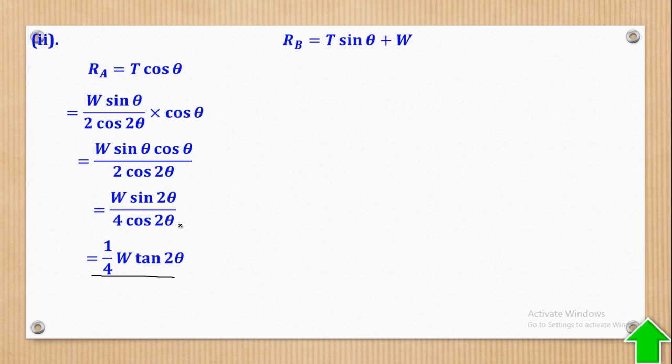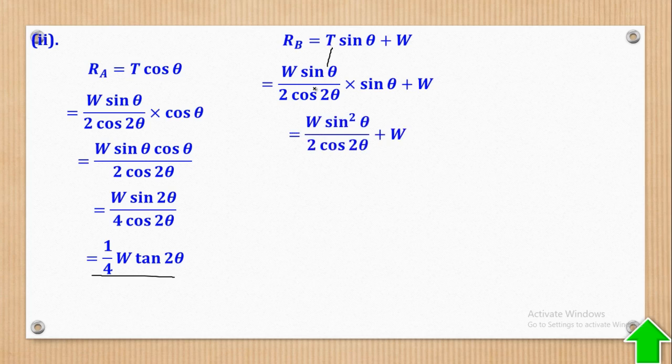What about at B? So at B, you still remember the resolved part was this. When I substitute for T, I'll come up with that, then simplify to come up with that. So this and this gives me sine squared theta. Then I remember that double angle for sine squared theta is a half in brackets 1 minus cos 2 theta. So that a half and this a half gives me 4, which is there.